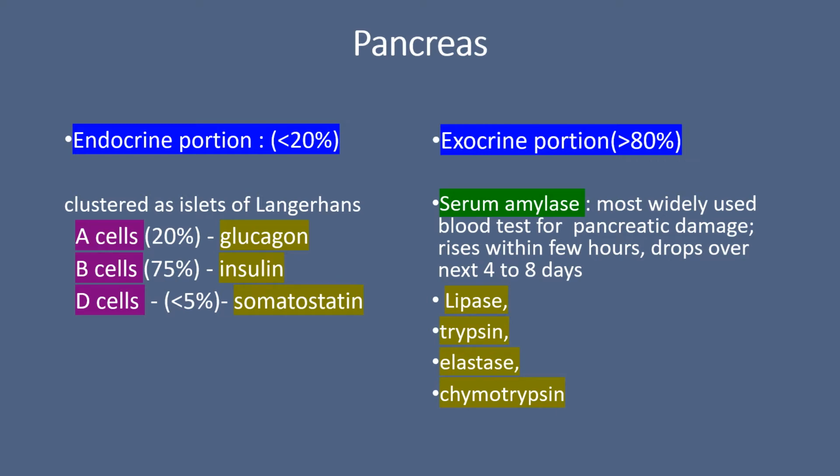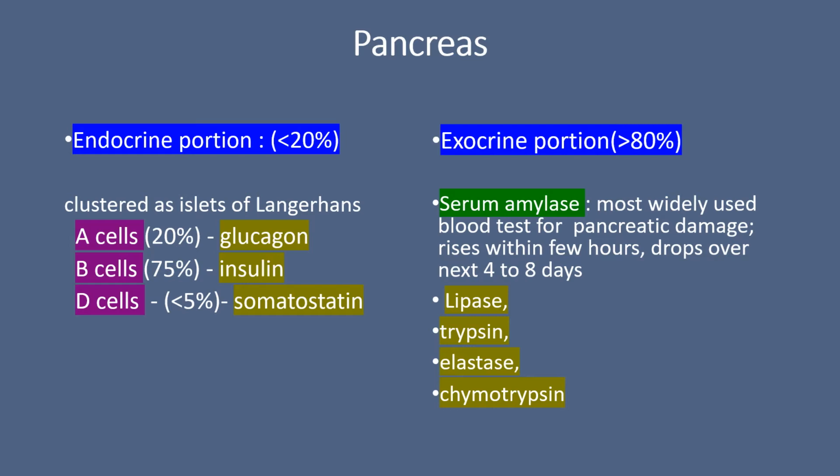They are mainly made up of A cells or alpha cells, beta cells, and delta cells. The alpha cells produce glucagon, which increases the blood sugar. The beta cells produce insulin, which reduces blood sugar. And the D cells or delta cells secrete somatostatin, which causes a decrease in secretion of the exocrine glands.